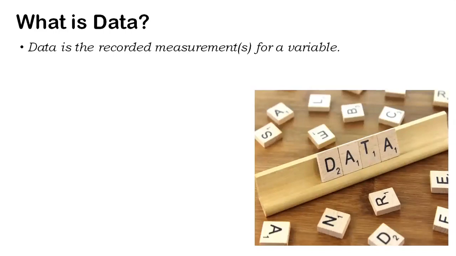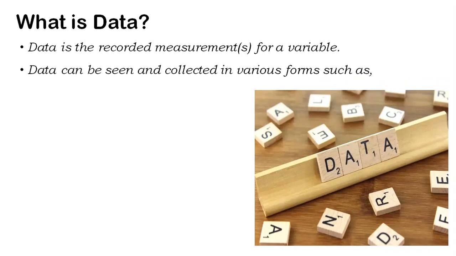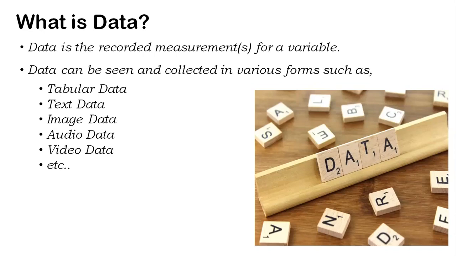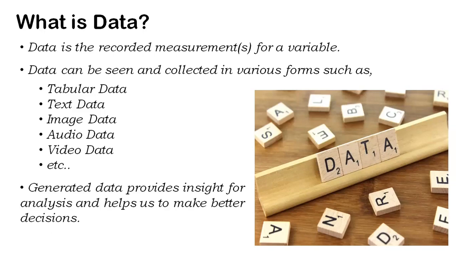Everything is data. Data is everywhere around us. Data can be seen and collected in various forms such as tabular data, text data, image data, audio data, video data, and there are many other kinds of data. This generated data provides insight for analysis and helps us to make better decisions. So, is there any relation between data and statistics?